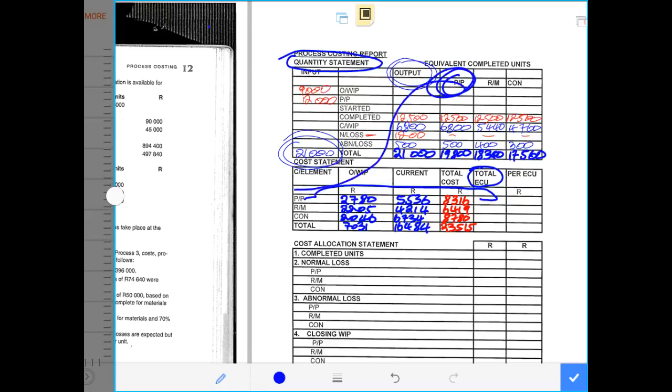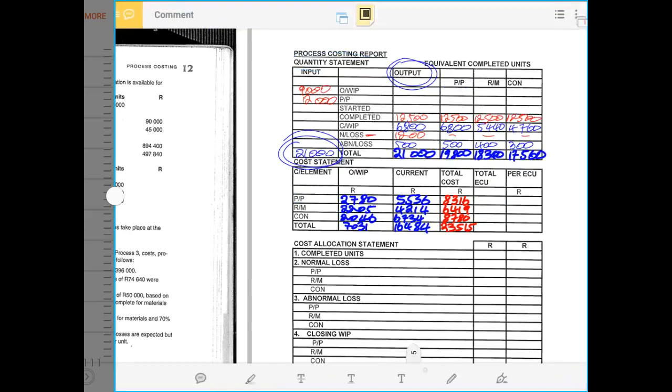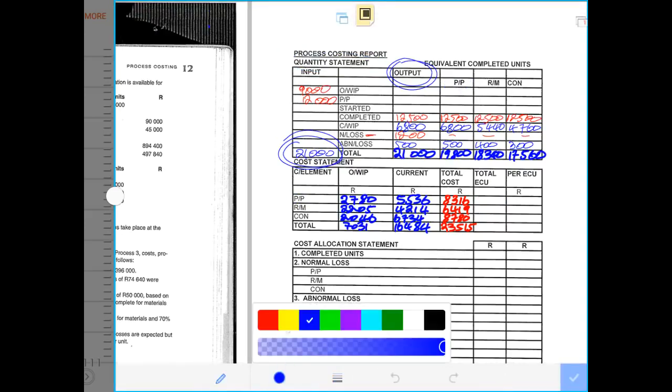PP is equal to PP. Nothing changes, guys. So in that PP, we just record the same total of the PP, which is 19,800. We take that 19,800 column for PP and the same row for PP.